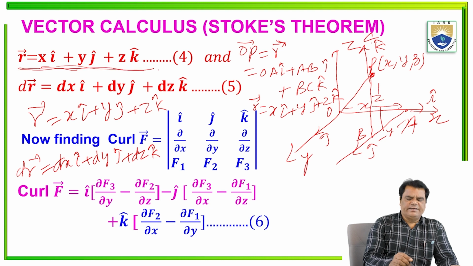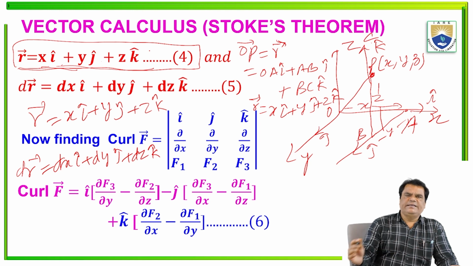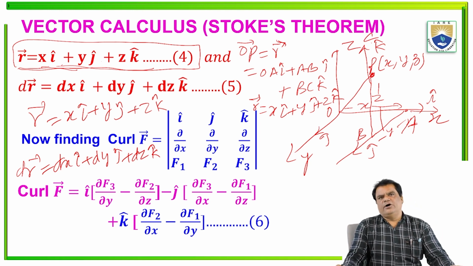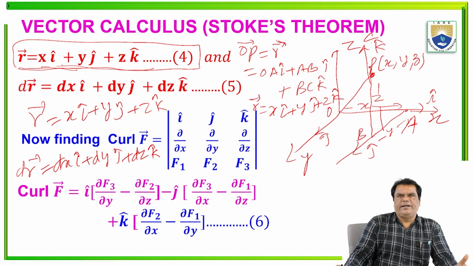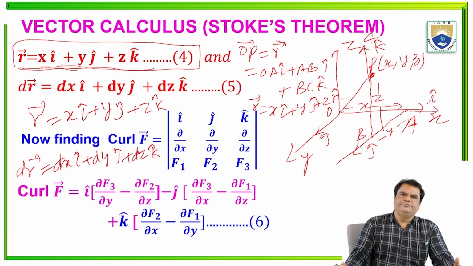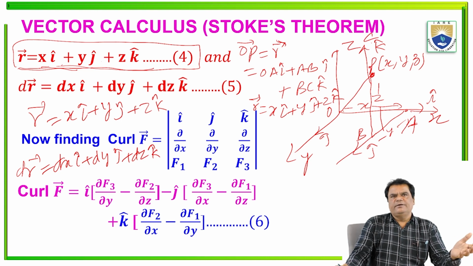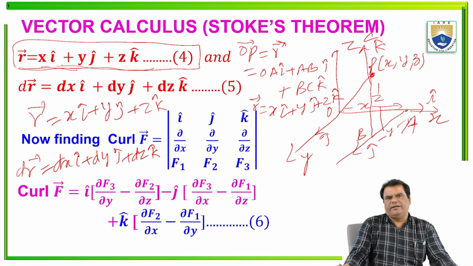So the r vector is given by equation 4: xi cap plus yj cap plus zk cap. x, y, z are the components of the displacement covered by the point to go from O to P. From O to P, some distance is covered on the x-axis, that is x, some on the y-axis, that is y, and some on the z-axis, that is z.